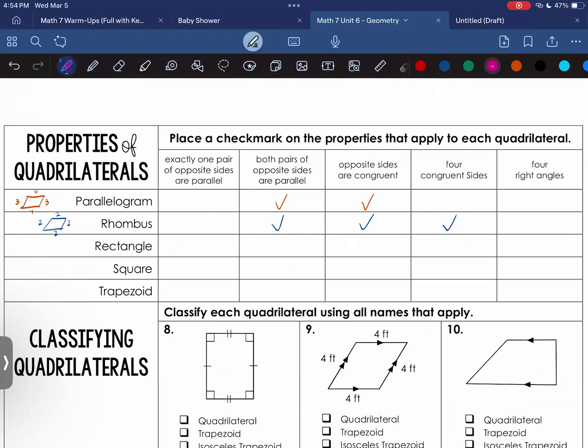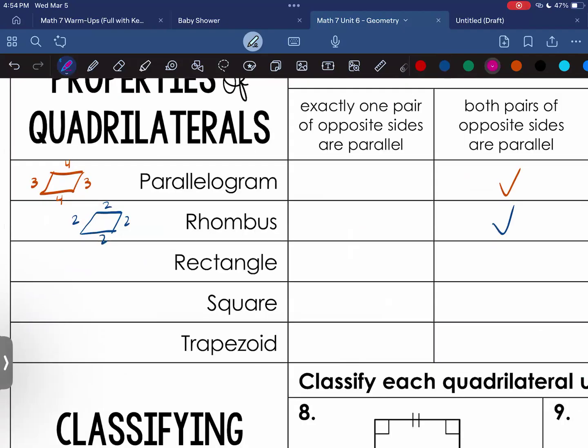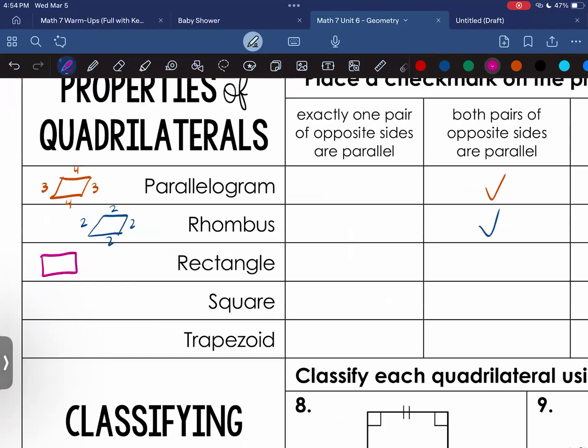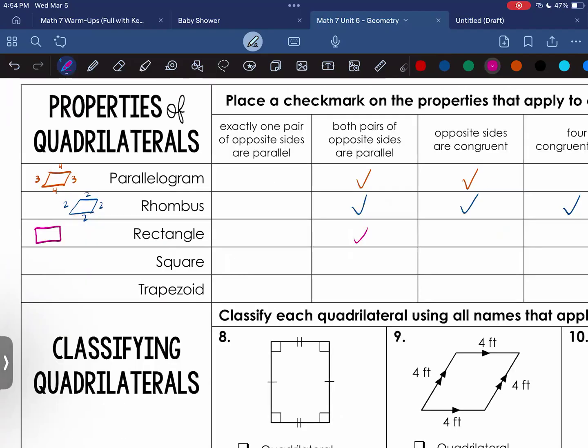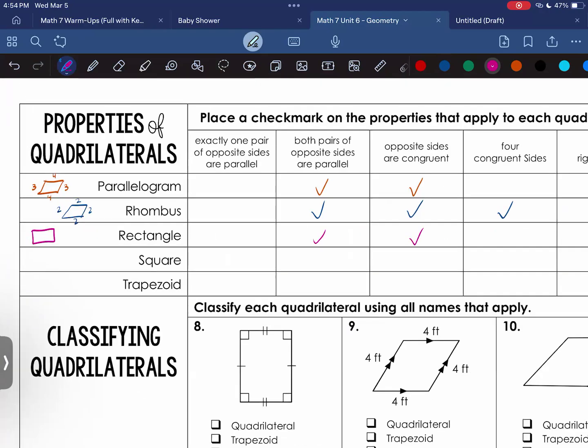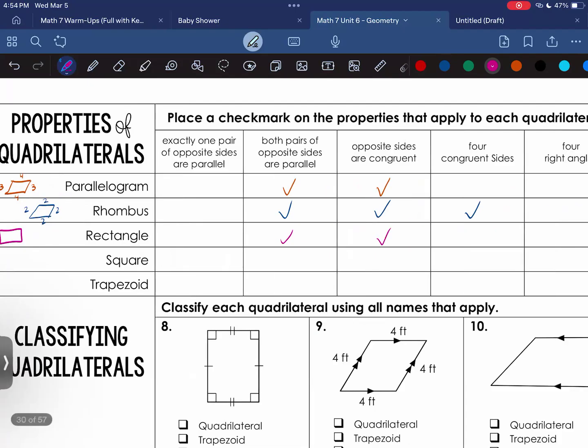Rectangle, this one should be easy. I probably shouldn't have to draw this one, but I guess I will. So again, opposite sides are both parallel. Opposite sides are also congruent. Not 4 congruent sides. They're different lengths. And yes, there are 4 right angles.